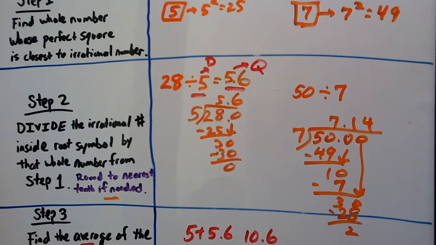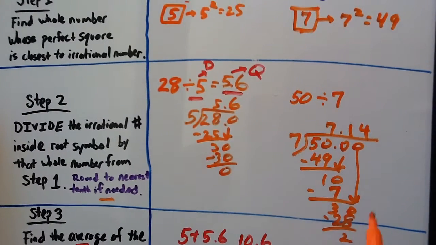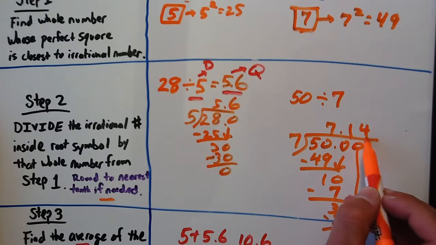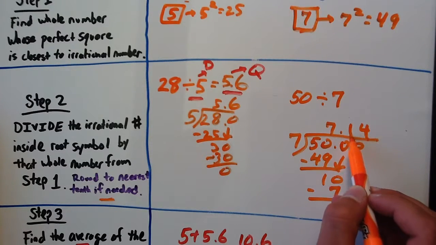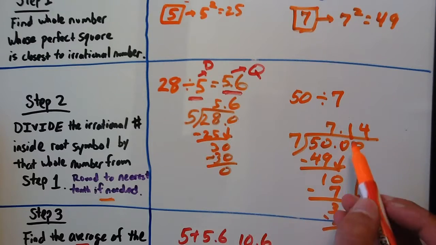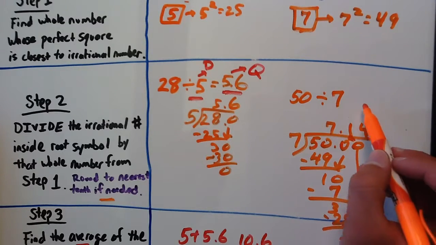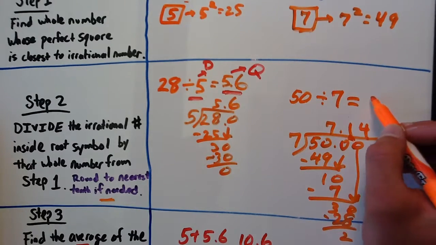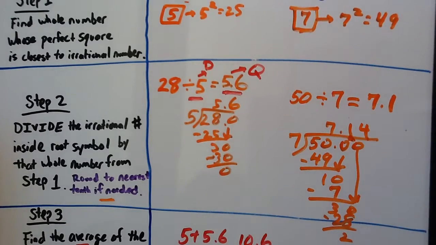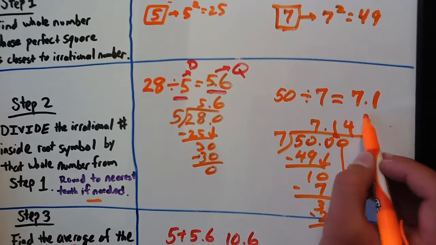We need to round to the nearest tenth if needed. And this would be a case where it's needed because the decimal continues to go on. So let's round right here. This 4 right here tells us to keep the 1 the same. Not to round up, but to keep this place value the same. So 50 divided by 7 is 7.1, rounded to the nearest tenth.